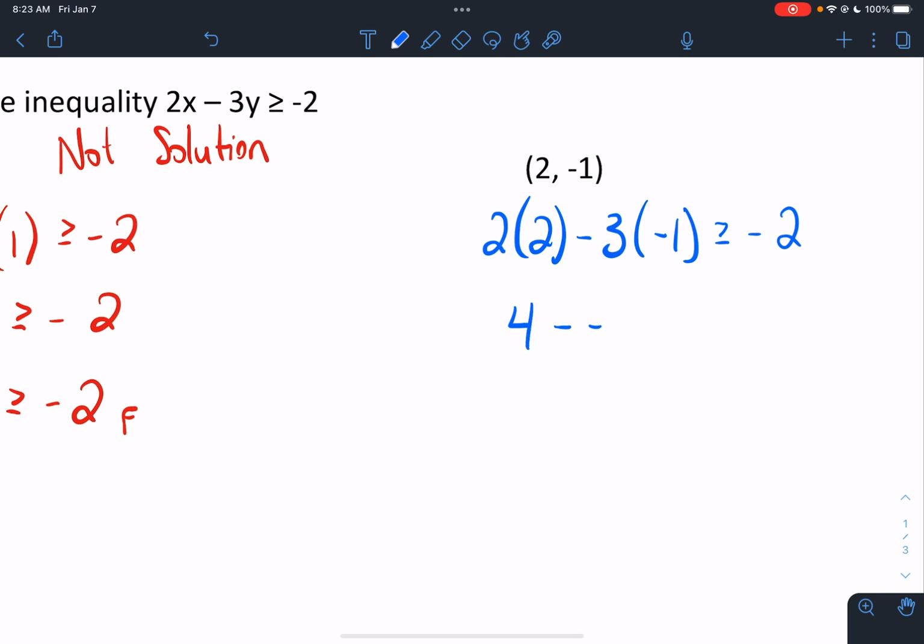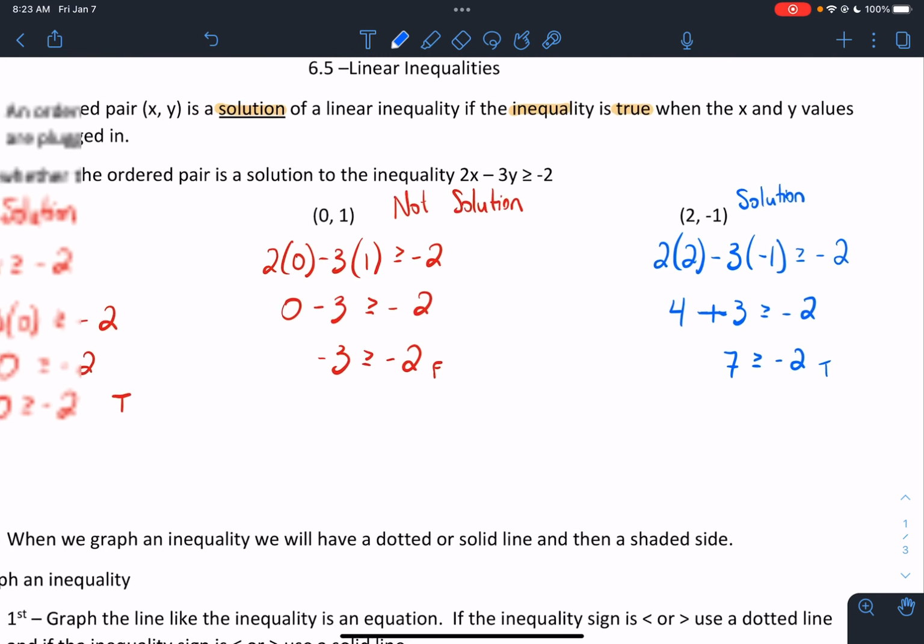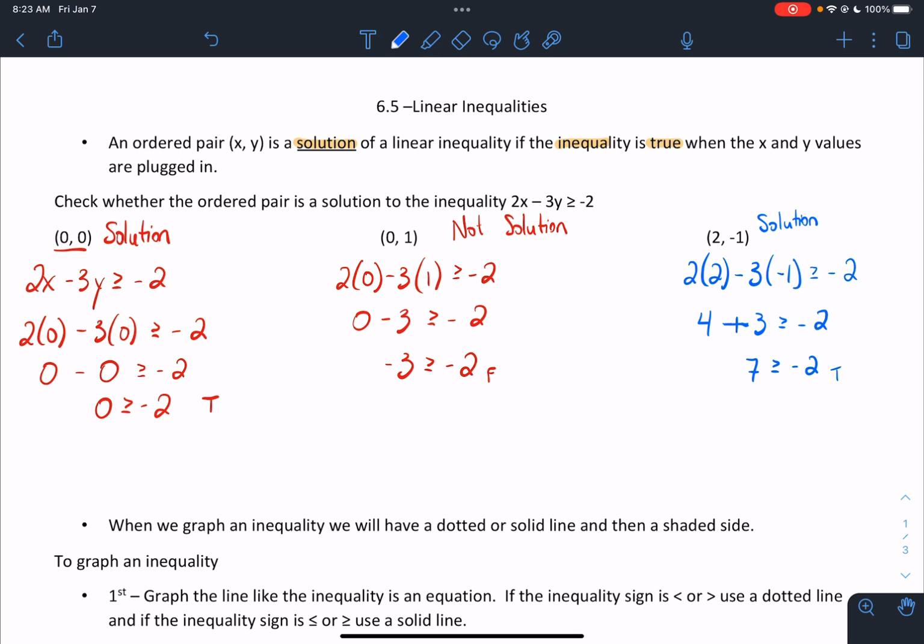And again, remember that minus a negative is the same thing as a big plus sign. So 4 plus 3 gives me 7. It's greater than or equal to negative 2. And again, is the alligator eating the bigger number? Is 7 bigger than negative 2? That is true. And so that means that this ordered pair is a solution. Okay. So that's just seeing whether something is a solution or not.